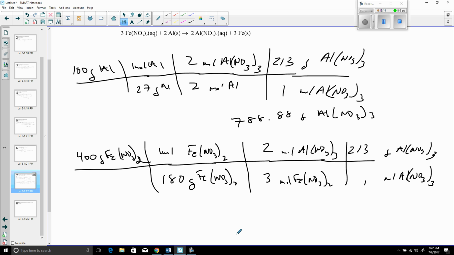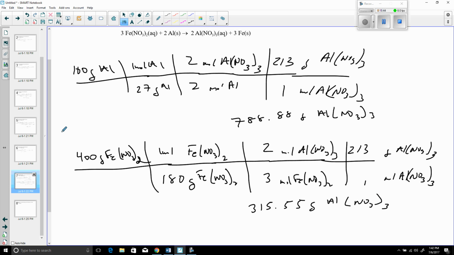So now we simply take 400 times 2 times 213, and then divide by 180, divide by 3, and you should get something like 315.55 grams of aluminum nitrate.